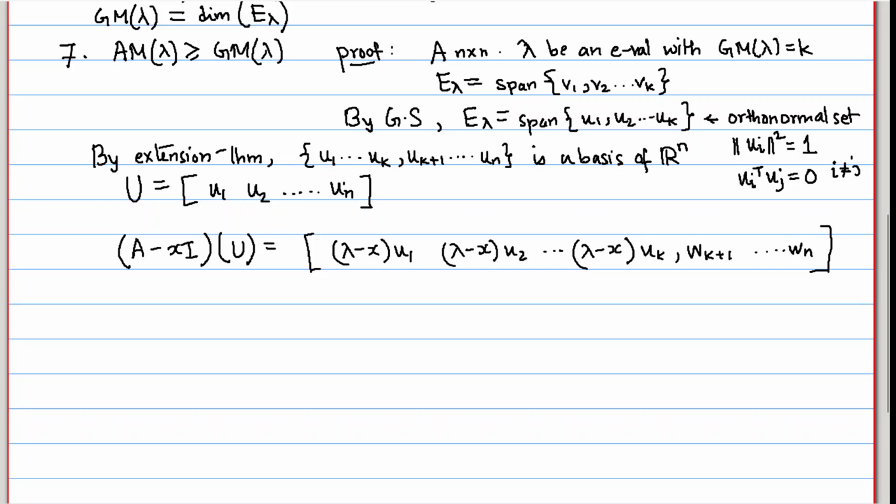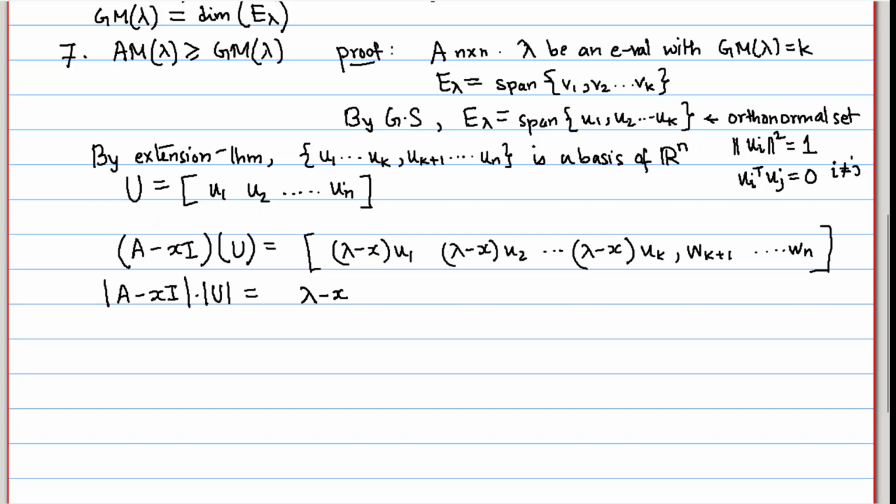Now observe that if you take the determinant on both sides, you would have the determinant of A minus xI times the determinant of U, equal to the following. Take lambda minus x from the first row, second row, up to the kth row.